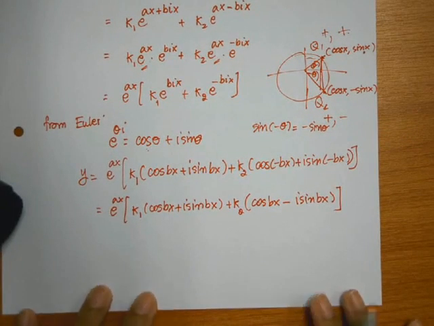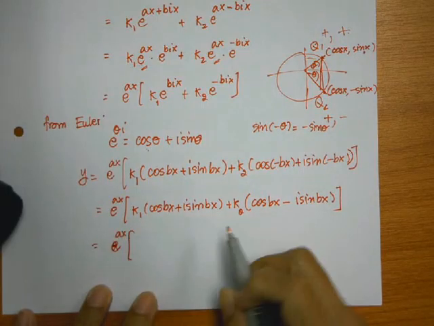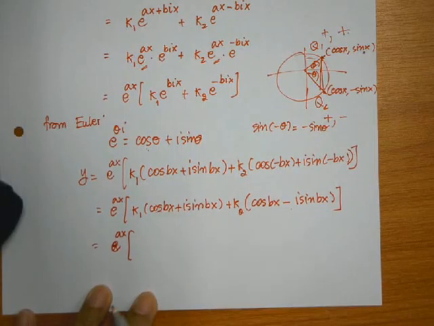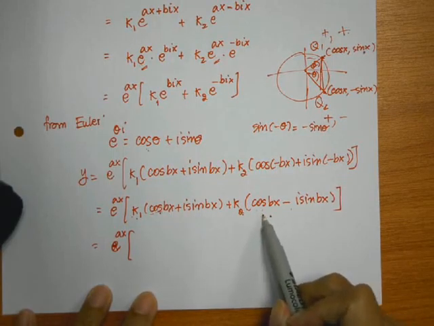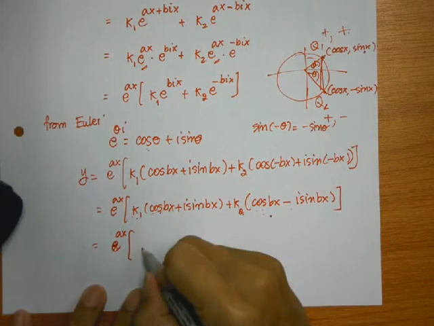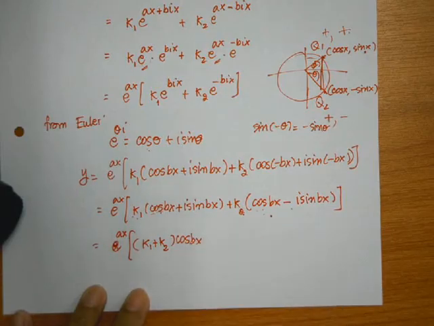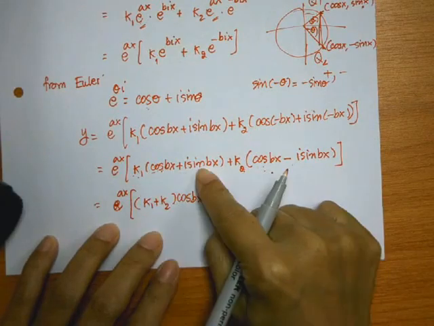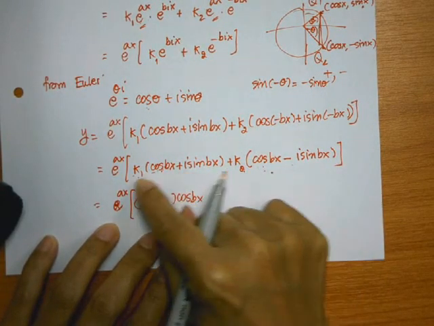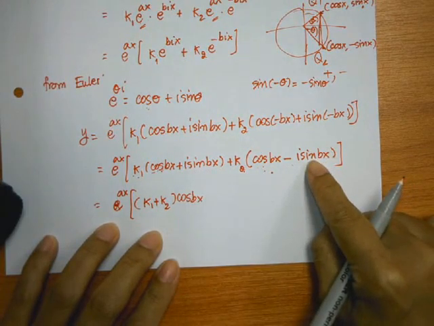Now you have these two terms. The first term is k1 cos bx, and the second term is k2 cos bx. They have cos bx together, so you can sum them. You would get k1 plus k2 times cos bx. The second term of k1 is k1 i sin bx, and this one is minus k2 i sin bx.